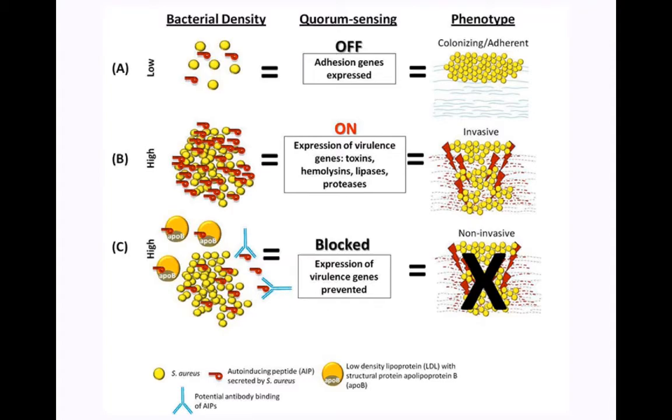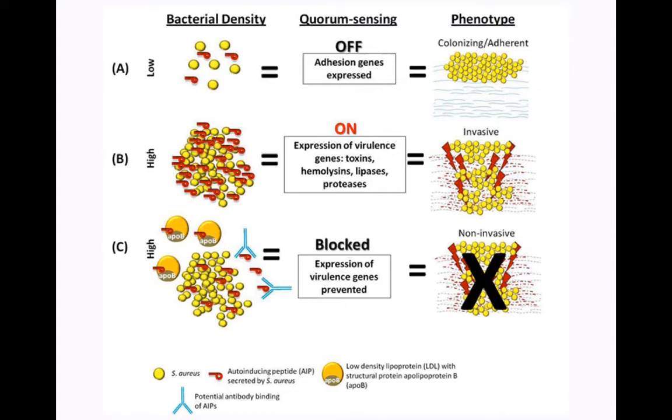This little blue triangle here, and I don't know if you guys have had immunology yet, we'll talk about antibodies a little bit later. But this is a molecule that can be synthesized from B lymphocytes, and we can make monoclonal antibodies against them. In any case, pharmaceutical companies have come up with an antibody against this autoinducer peptide. In this slide, it's shown as this little red cannon-looking thing.